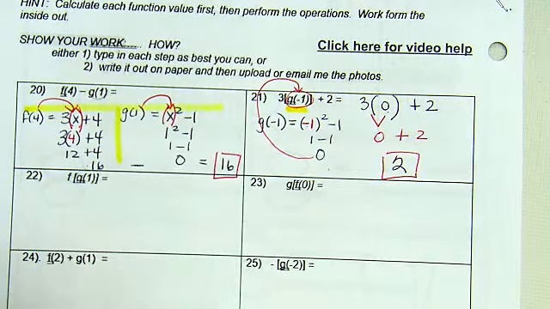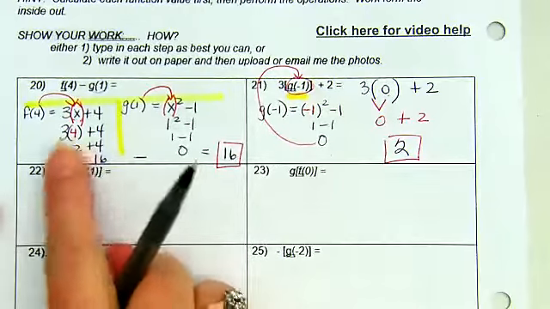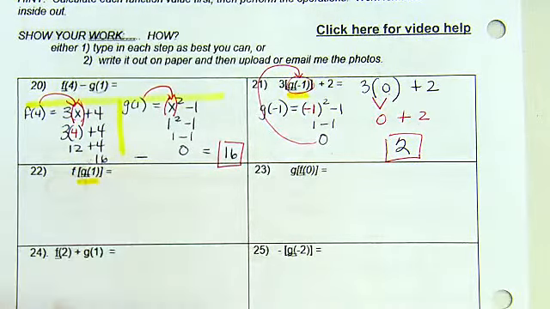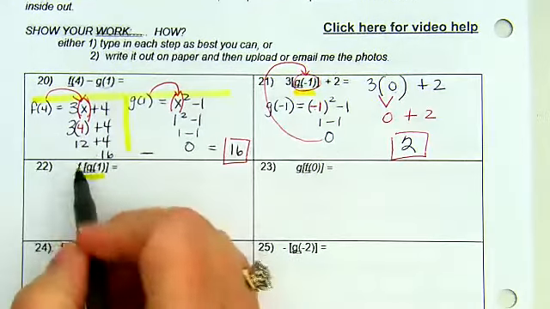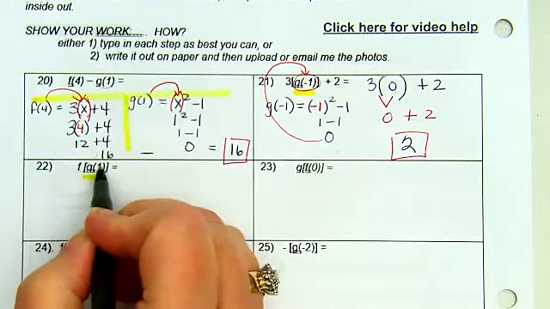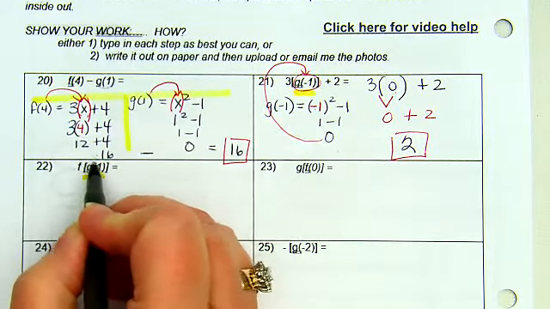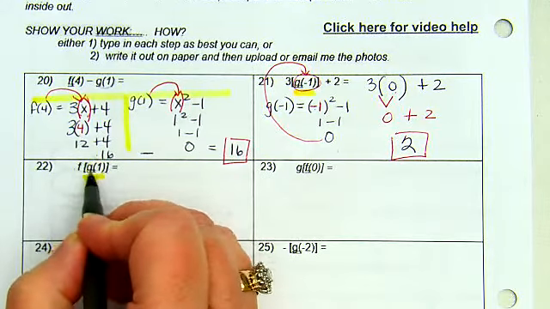So you're going to work from the inside out. Whatever the inside is, you're just going to work that. This one is called a composite because it's a function of the function of. It's two functions. So I'm going to first find the inside.